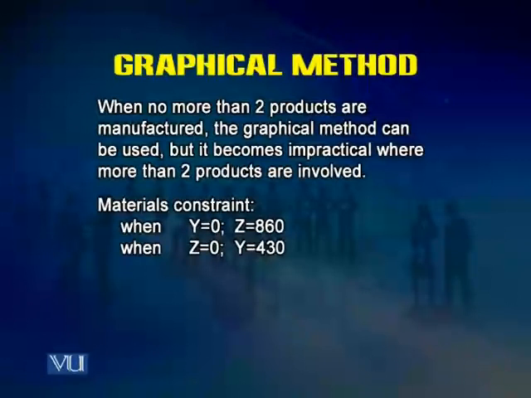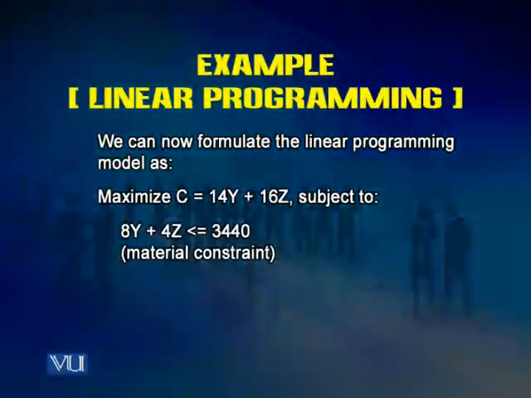Materials constraint. When y is equal to 0, z is equal to 860. When z is equal to 0, y is equal to 430. These 2 points can be identified on the graph, and they can be calculated by using our model, the constraint from our function. Quickly go back to our slide, and it says the material constraint is 8y plus 4z is less than or equal to 3440.